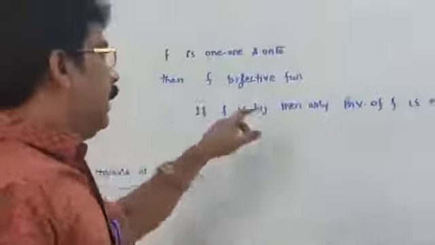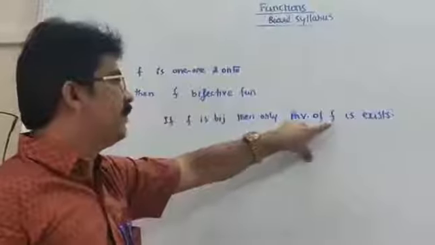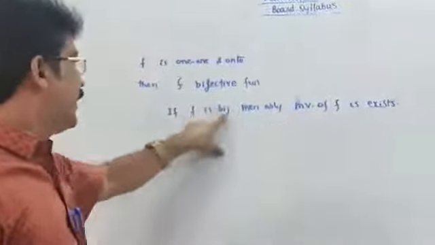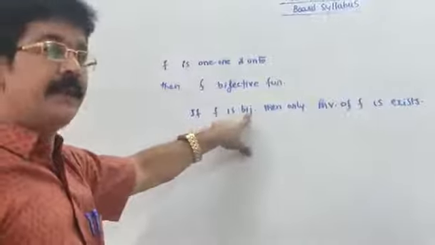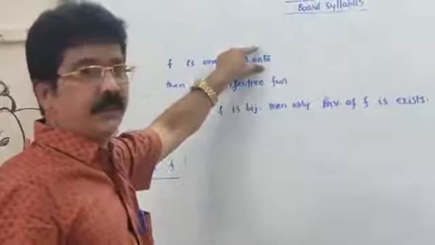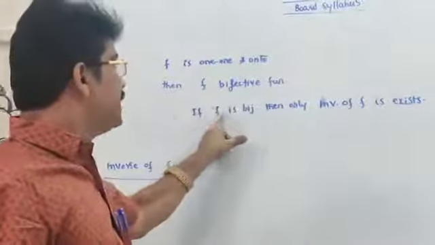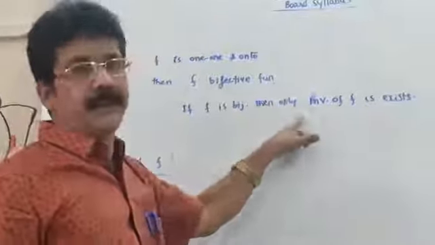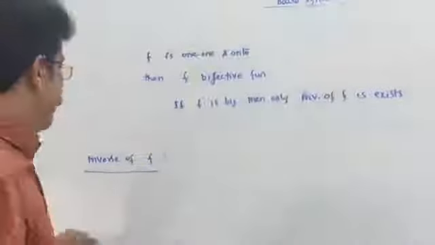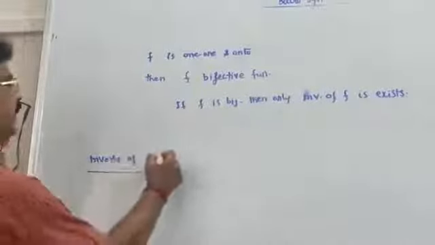So before finding the inverse of f, we have to examine first whether it is a bijective function or not. Bijective means one-one function and onto function. So if f is a bijective function, then only f inverse exists. Otherwise, it does not exist.